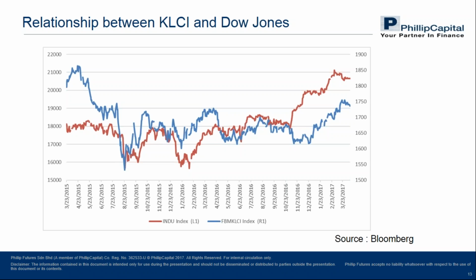Whenever Dow Jones is on an uptrend, KLCI would tend to have that same tendency. So if you are trading the KLCI index and trying to anticipate where the KLCI is going to go in the future, as a reference, you can always use Dow Jones as a possible benchmark to track the likely movement for KLCI.